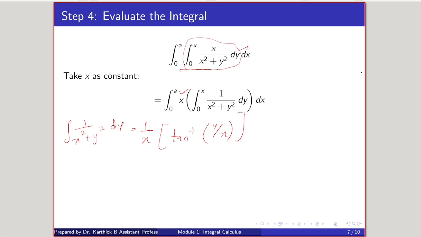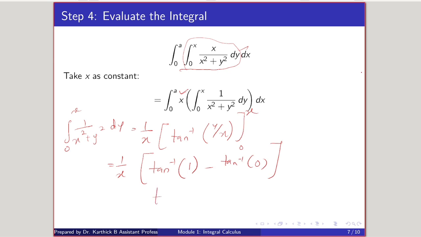Using this formula with limits 0 to x, if I substitute the limits, I get tan inverse of x by x, which is tan inverse of 1, and tan inverse of 0.